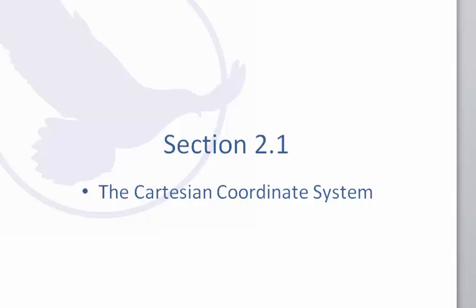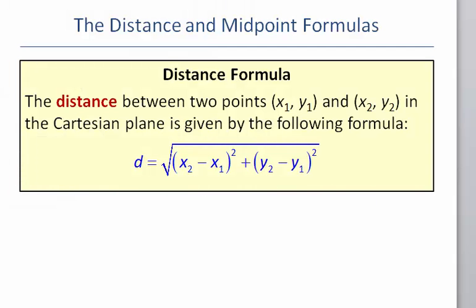We'll now continue our discussion of section 2.1, focusing on the Cartesian coordinate system and specifically the distance formula and the midpoint formula. We'll begin with the definition. The distance between 2 points, x1, y1, and x2, y2, in the Cartesian plane is given by the following formula.